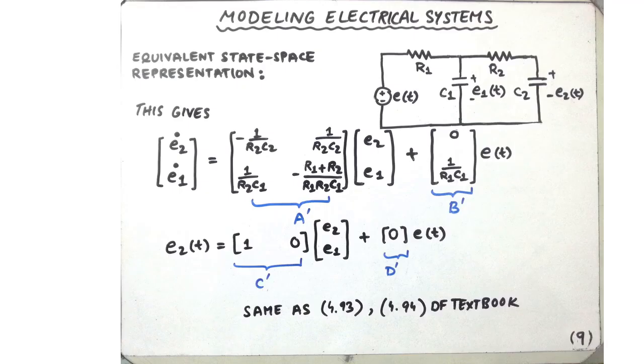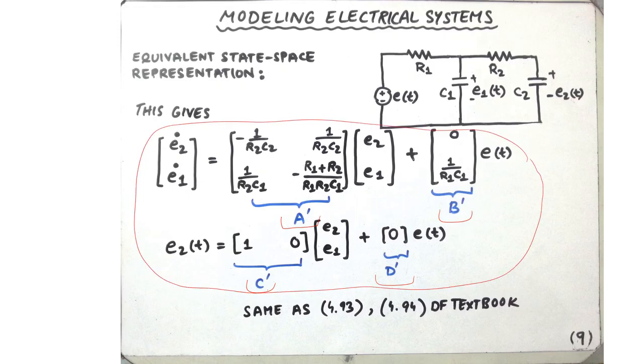As part of your homework exercise, you are required to show that the new state space representation is as follows: the matrix A, which is A prime in this case, B prime, C prime, and D prime, and this whole state space representation is essentially the same as derived for the same circuit in the textbook. The state space equations are given as equations 4.93 and 4.94 of the textbook.